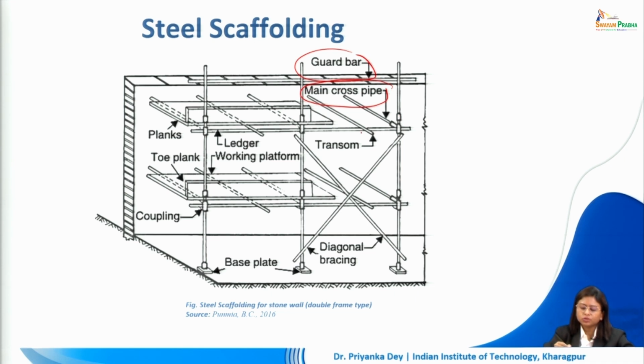This is a situation where a transom, you can see, is placed at an angle 90 degrees to the ledgers, and on top of that we provide the working platform and we have the toe guard placed. So as you can see, it's very similar to what we were doing in the timber situation, just the material is different. The arrangement is very same.